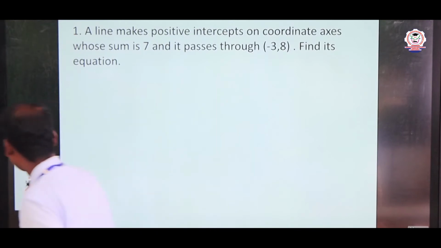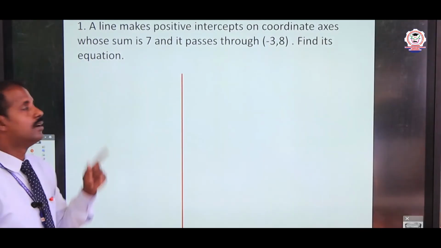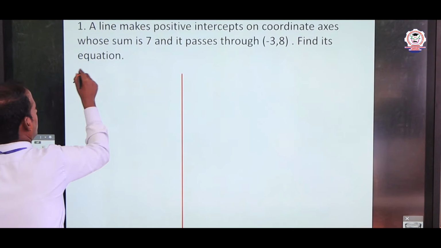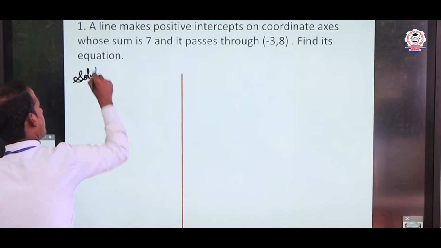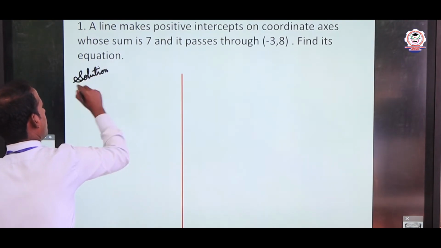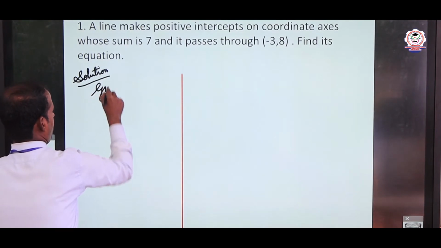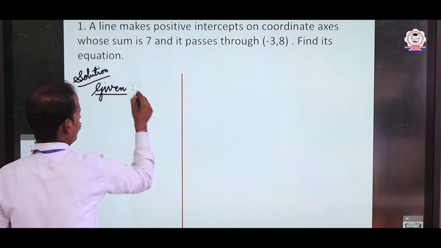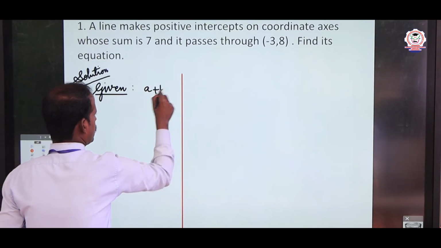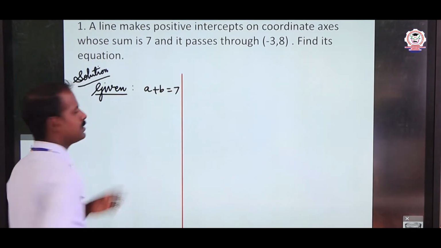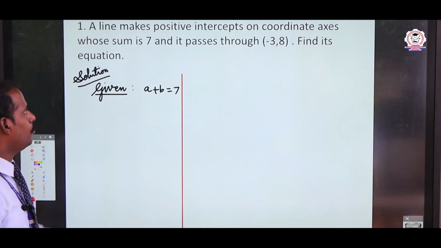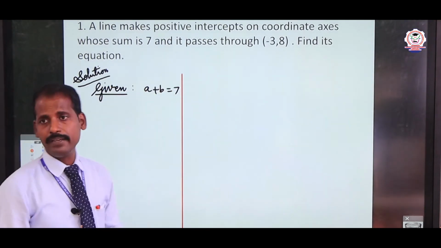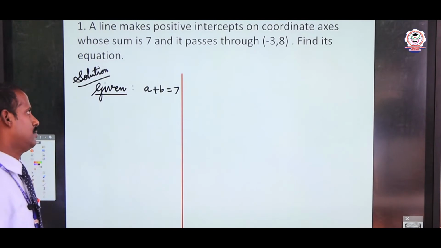Now the solution. Given a plus b is equal to 7. This is the given value. Now the line passes through the point minus 3 comma 8.